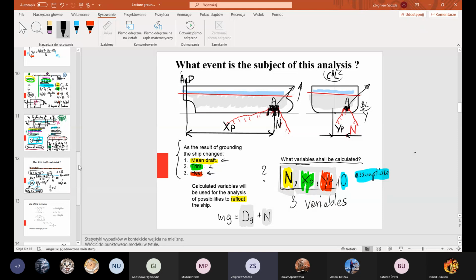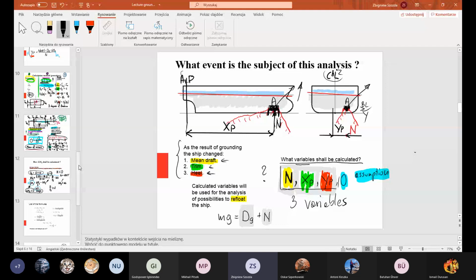I will define a loading condition of the ship, any loading condition, and I will provide you drafts that have been read after grounding. And your task will be calculation of force acting between ground and hull, and point of action. So two ordinates, xp and yp.